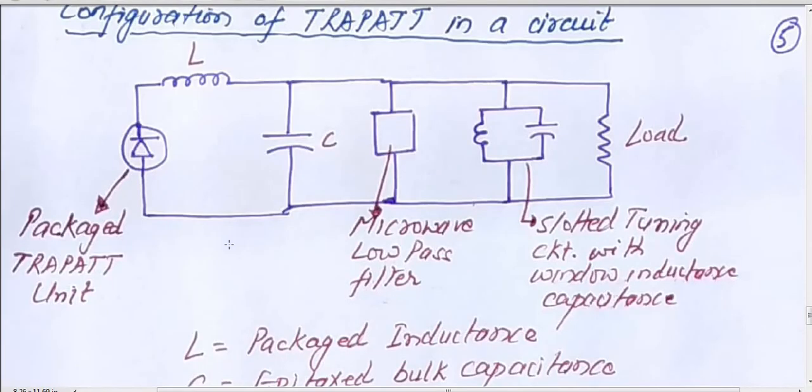So now let us see the configuration of TRAPATT in a circuit. In this particular circuit, this is the packed TRAPATT unit. This is the microwave low pass filter. This section is the slotted tuning circuit with window inductance and capacitance, and this is the load.